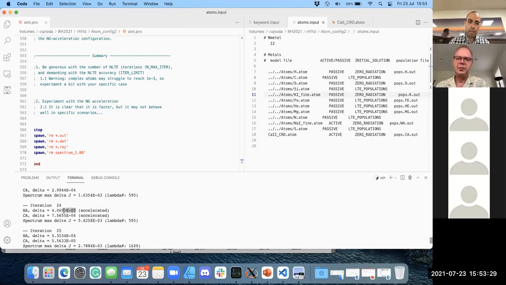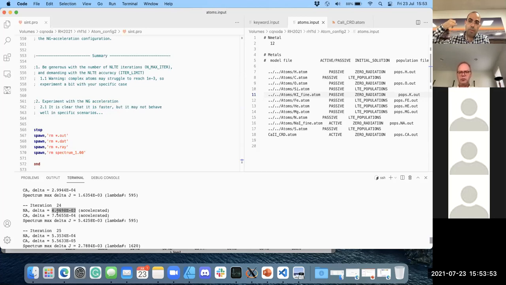So in this case, I think it's more or less the same: if the atoms are at a relatively similar level of complexity, you will reach the convergence. The only thing is that you may need more iterations, because some of the atoms will go slower and the code will try to reach the convergence limit with all the atoms.